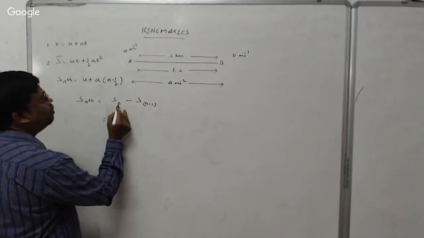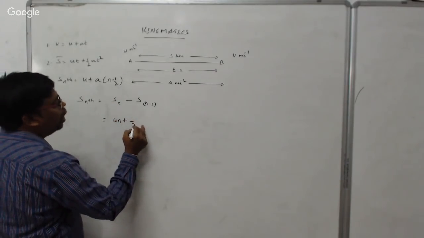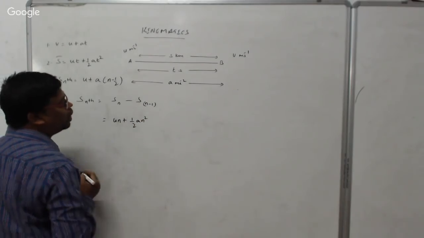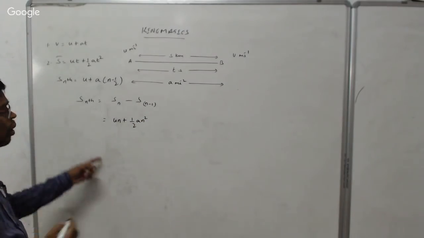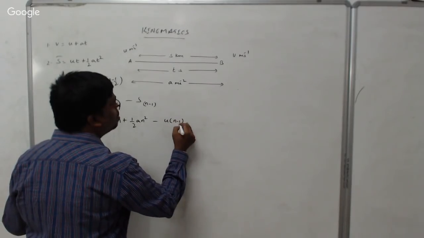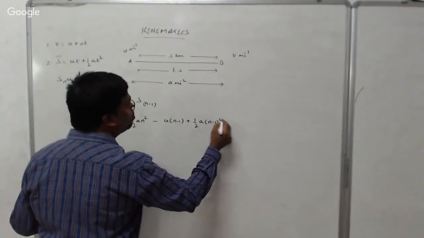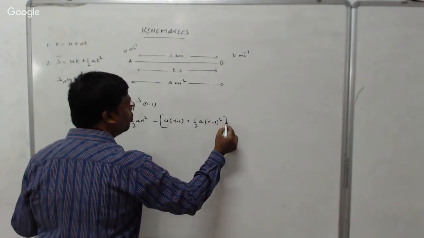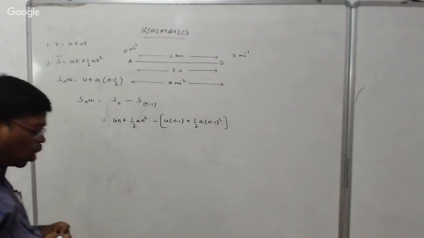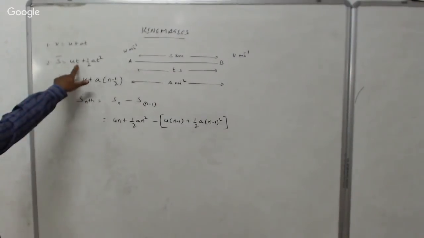So, distance traveled in n seconds, I can write it as un plus half an square, minus u into n minus 1 plus half a into n minus 1 whole square. Okay. What change you observed here? Simple. t is replaced by n.